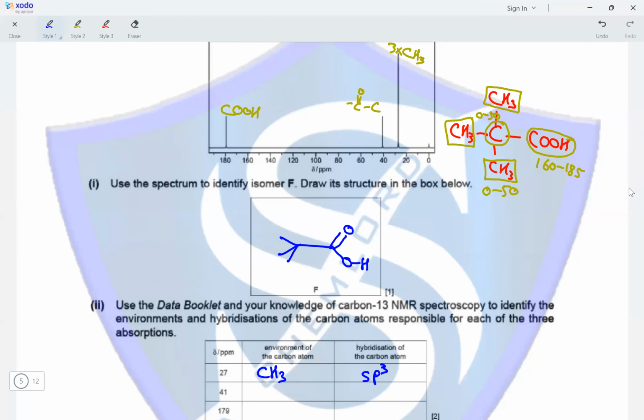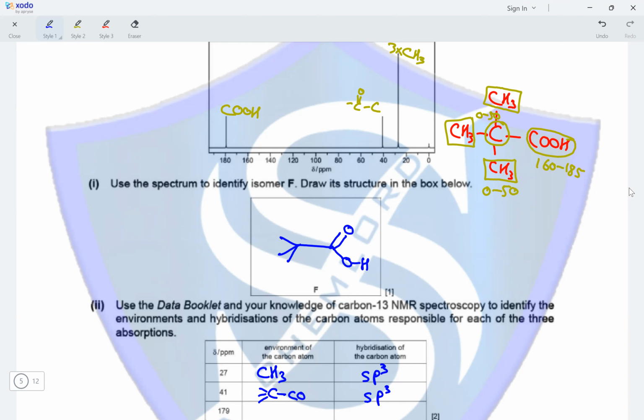And the peak at 41 would be a carbon attached to three CH3 groups and to a CO group next to it, and this would have a hybridization of sp3 as well because it is forming four single bonds.